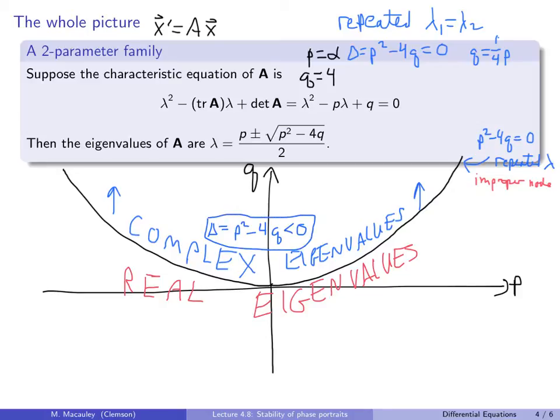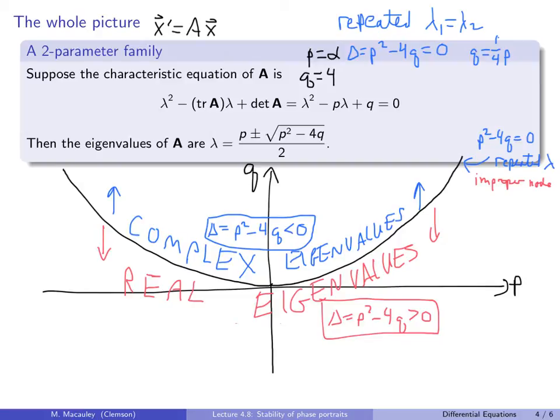And they are real down here because this discriminant, p squared minus 4q, is greater than 0. I'm going to move this off of the middle and put it over here, you'll see why shortly. So that's why there are real eigenvalues below this parabola.